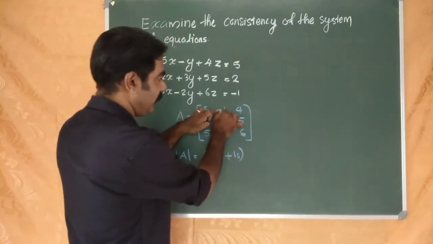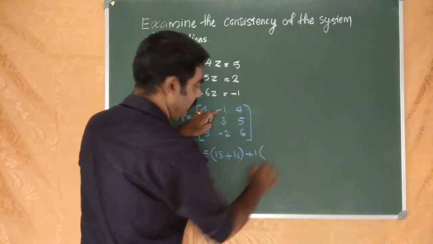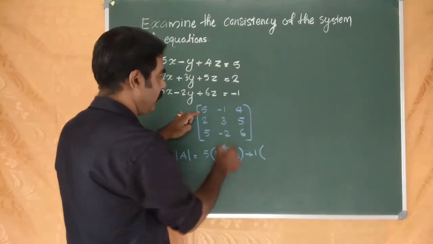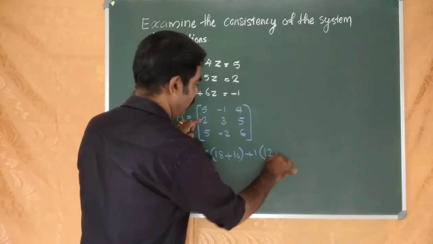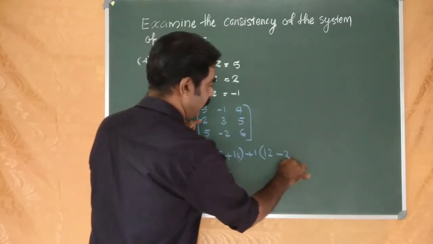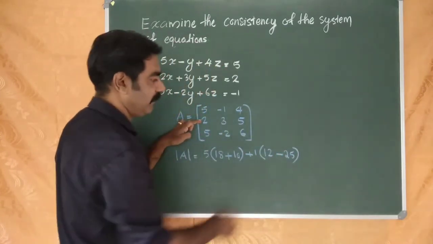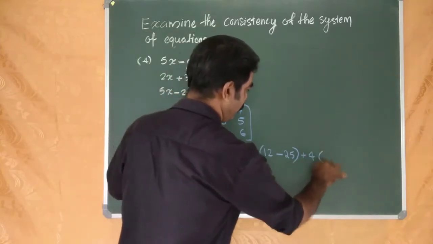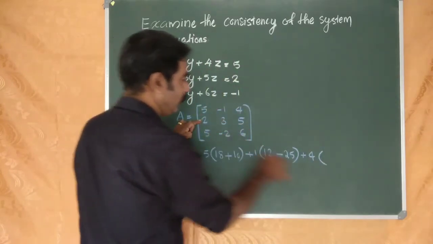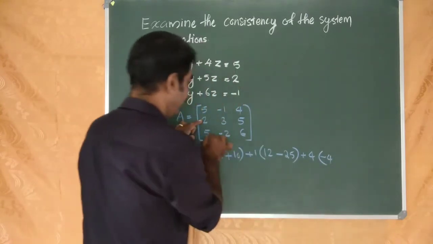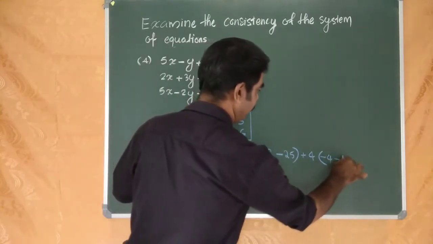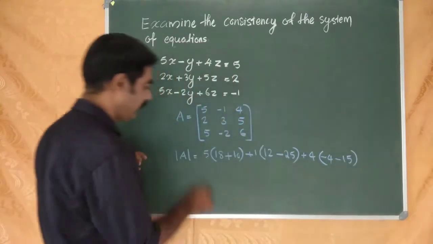Then here minus 1, so minus of minus 1 becomes plus 1. Plus 1 into, removing that row and column, 2, 6 are 12 minus 5, 5s are 25. Then plus 4 into, 4 into 2 into 2 is 4, and 5 3s are 15, minus 15.